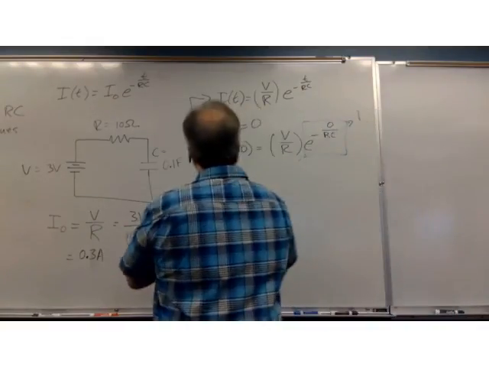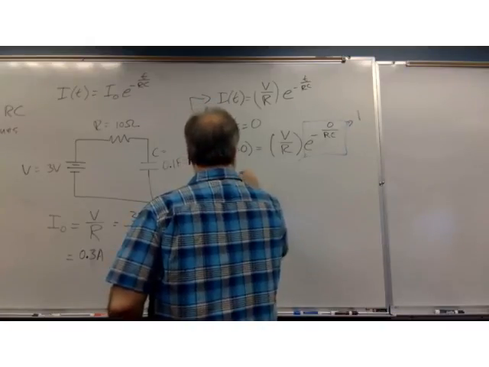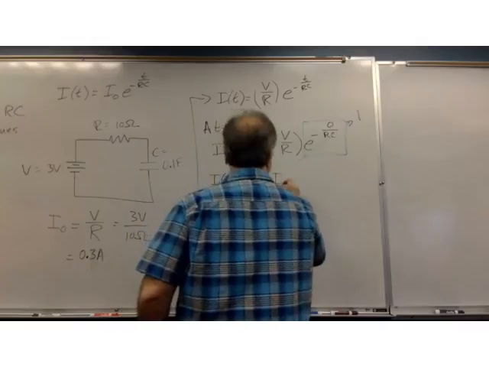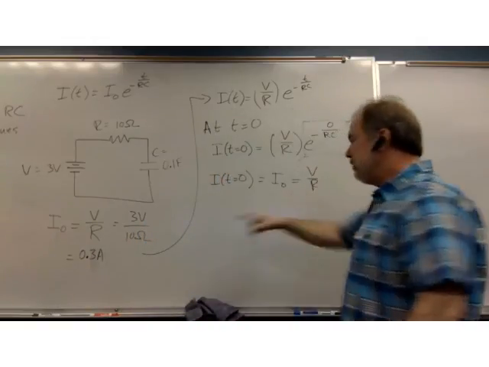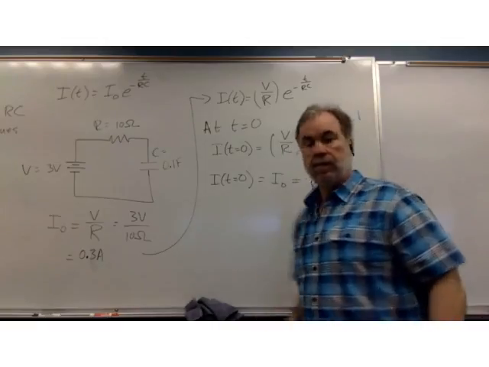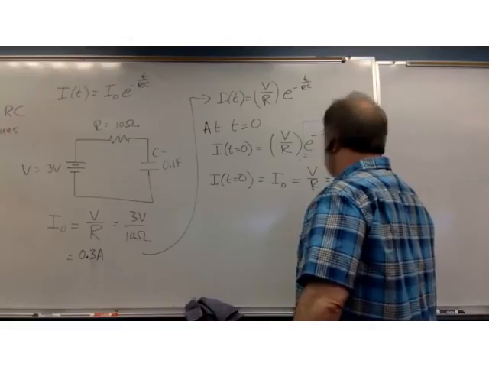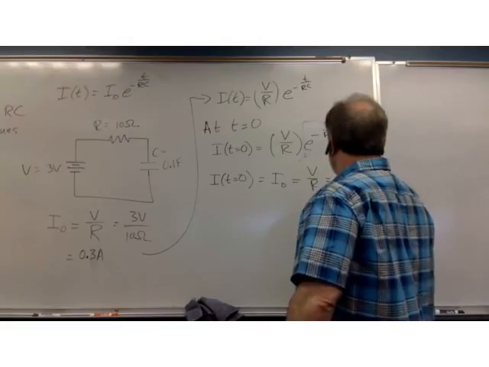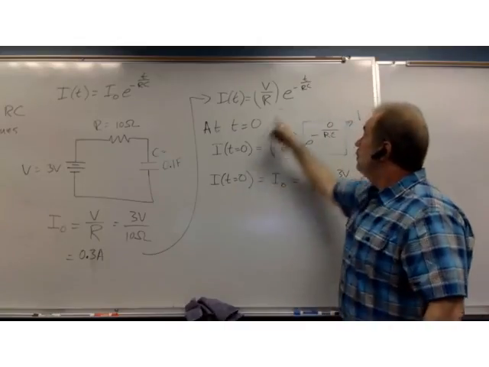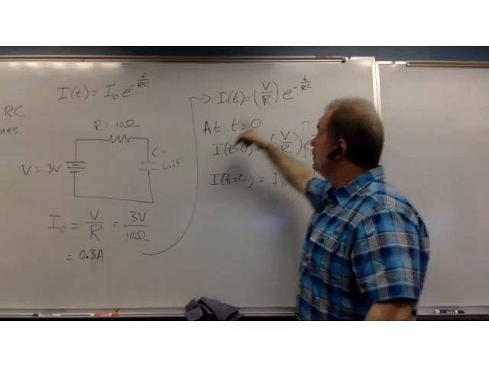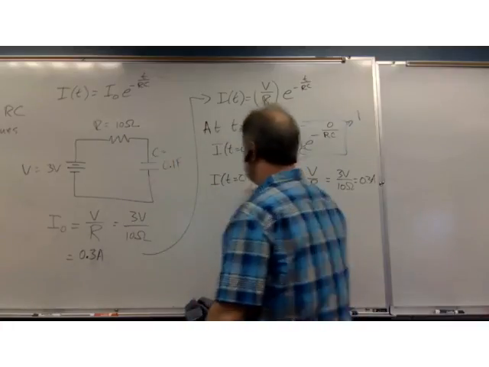And so our current at t equals 0, which I'm going to give the symbol I sub 0, is simply equal to V over R, which we just calculated. That's 3 volts over 10 ohms, 0.3 amps.